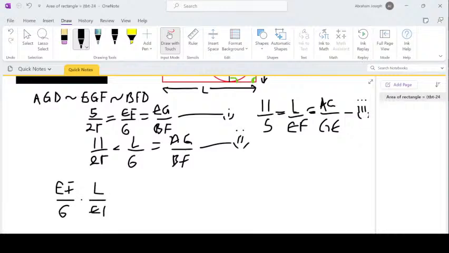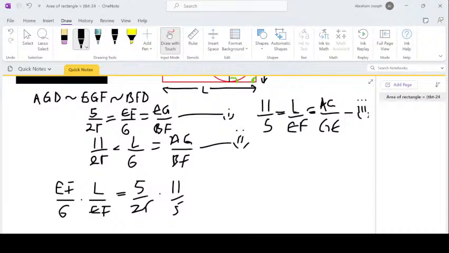We can use the similarity ratio now, multiplying 5 over 2R by 11 over 5, from the similarity ratio.